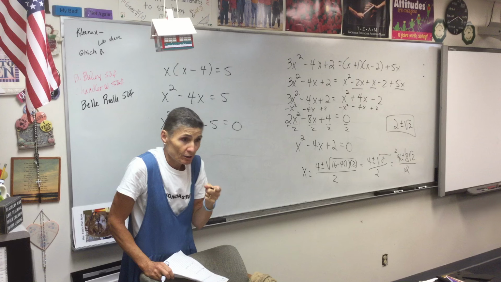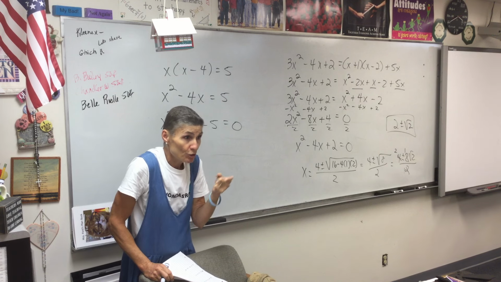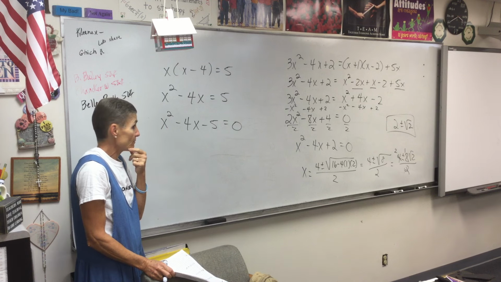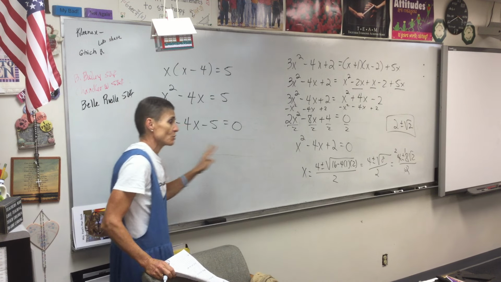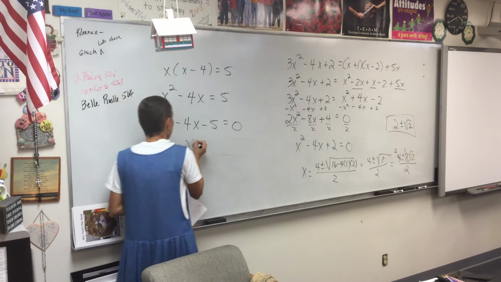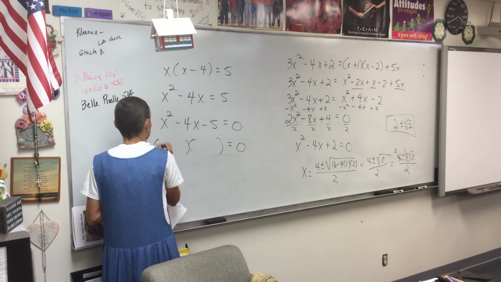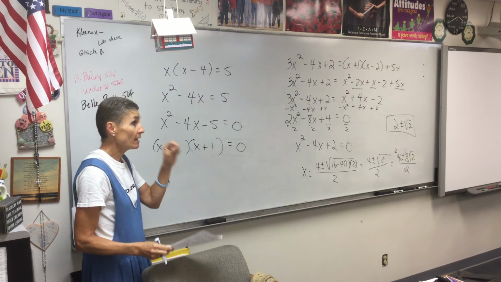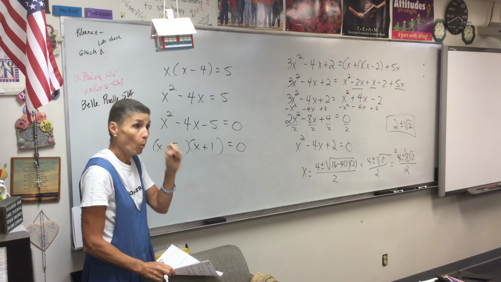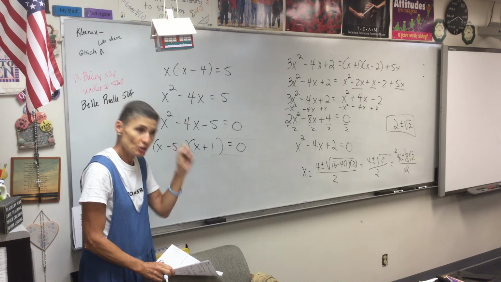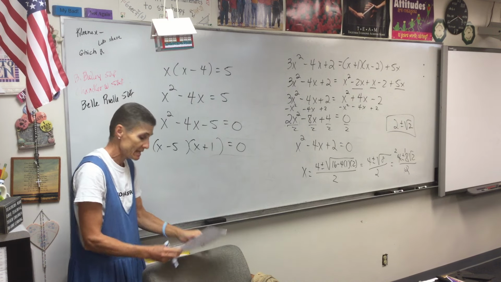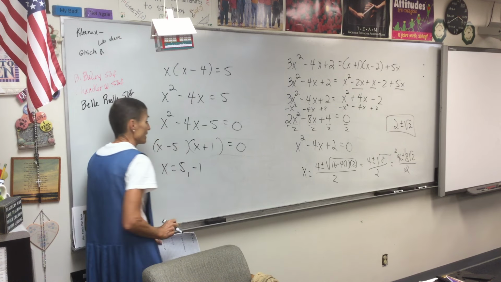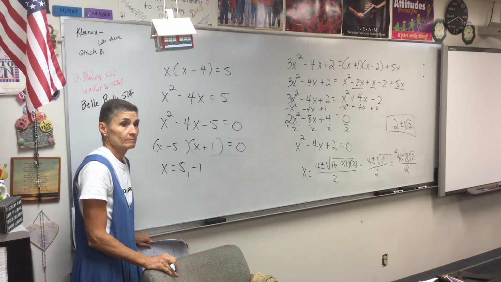If you are not a good factorer, or you don't notice that it factors, what can you do? The quadratic formula. I've already done that twice, so I think I'm going to go ahead and factor this one. How does it factor? But again, if you don't want to factor, then use the quadratic formula. Nobody cares. So I end up with my 2 answers are 5 and -1.